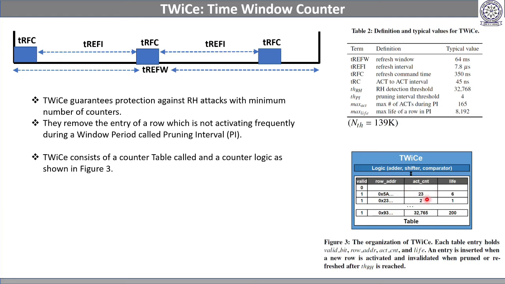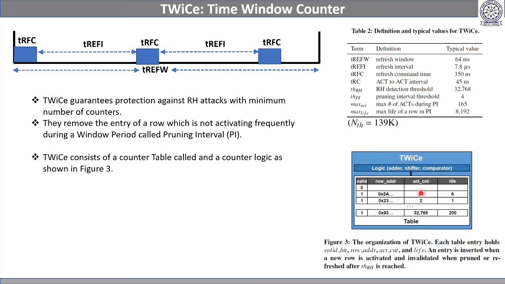And the life value 6 means this particular row has been in the table for the last 6 PI intervals. If you go to this other row, this is also a valid row, and this is the row address. This row has been activated twice during this refresh period, and it has been in this table for the last one PI interval. So this is called life.